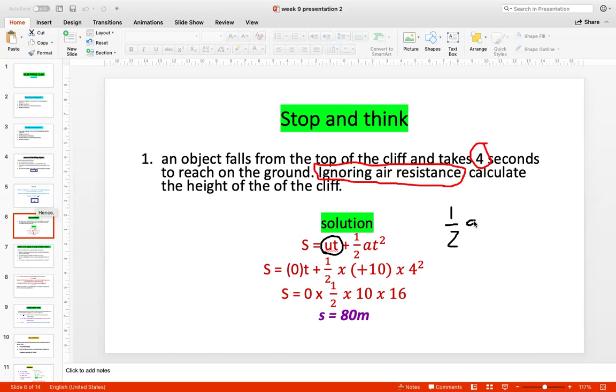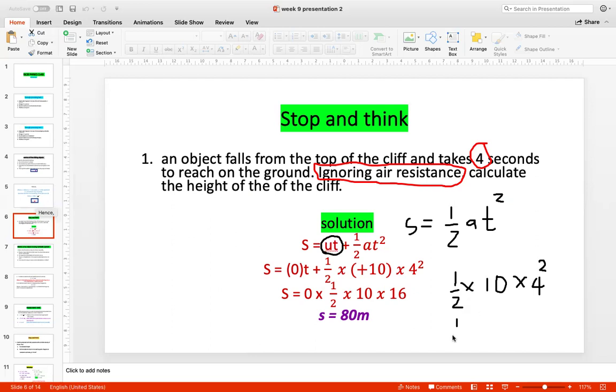Now remember, in physics, it's always important that we start with the formula so that we show the markers that these findings are actually yours. So we're going to say half multiplied by the acceleration due to gravity, which is 10, multiplied by the time taken, which is 4, and the time is squared.